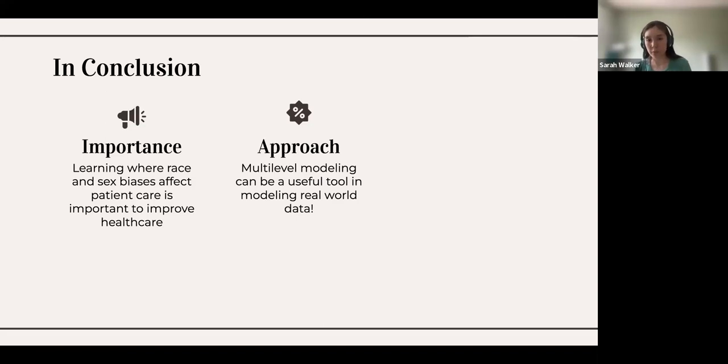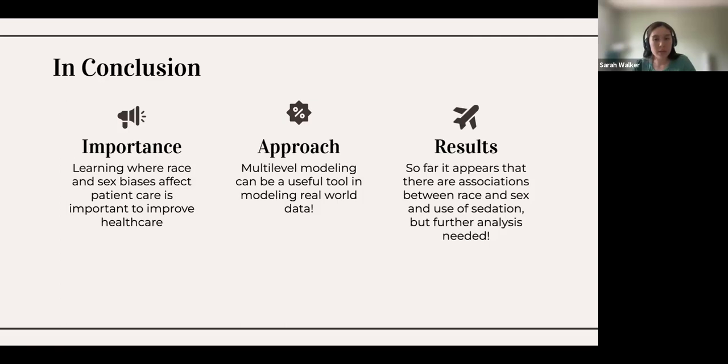And this is great for dealing with that nested data structure. And so far it appears that there are associations between race and sex and the use of sedation, but further analysis is needed. And we do have some sensitivity analyses in mind. So that's it from me. And I'm happy to answer questions if people have any.